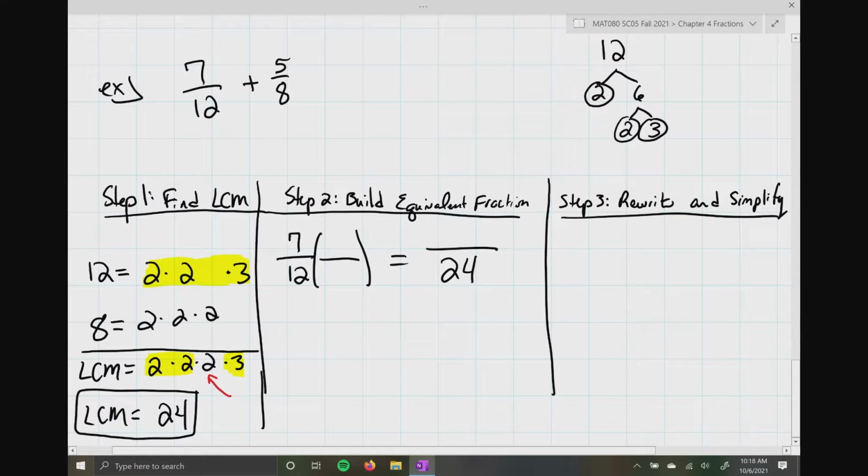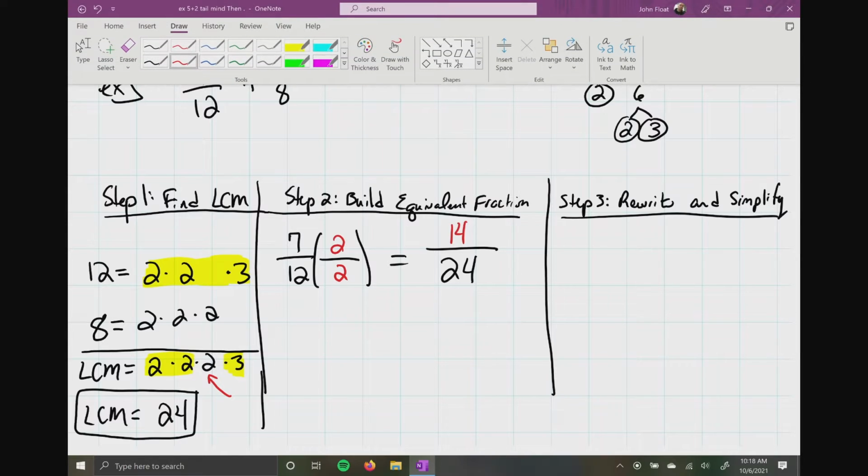So if I ask you, what do I have to multiply 7 over 12 by to get a new fraction where the denominator is 24? 2 over 2. It is staring you in the face. Now, don't write it down, just watch. 7 times 2 is 14. So there's my first equivalent fraction. Just watch. I'll let you write it down in a second, because I need to erase some stuff real quick.